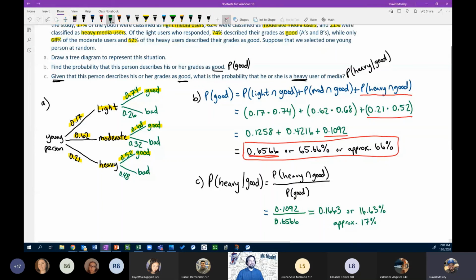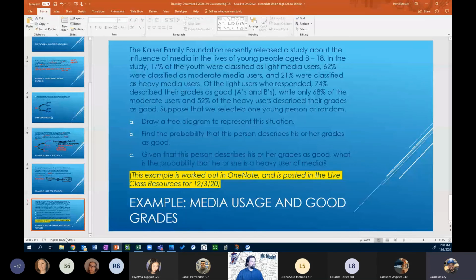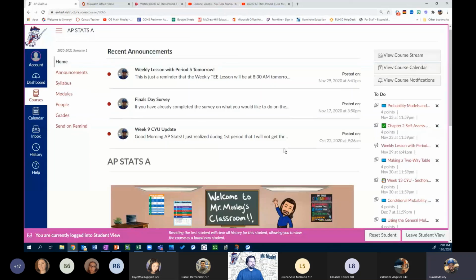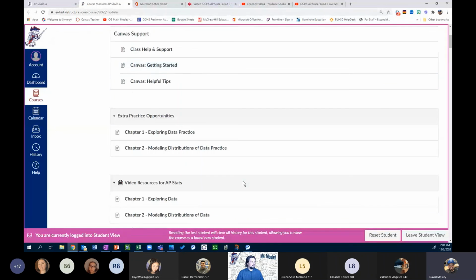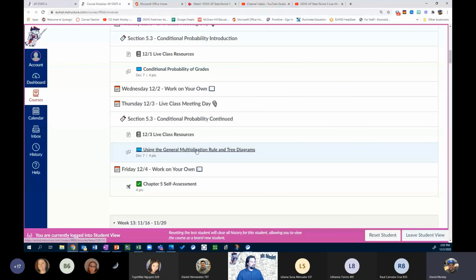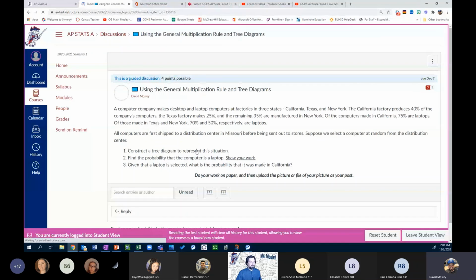So then, last thing. If we go ahead and go into the weeks module, go to our using the general multiplication rule and tree diagrams discussion board for today. Here's our context. Here's our problem. A computer company makes desktop and laptop computers at factories in 3 states, California, Texas, and New York.